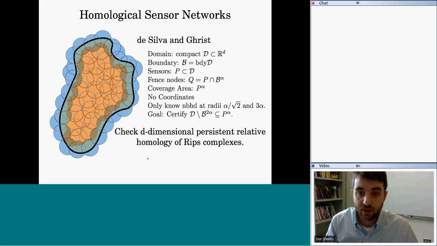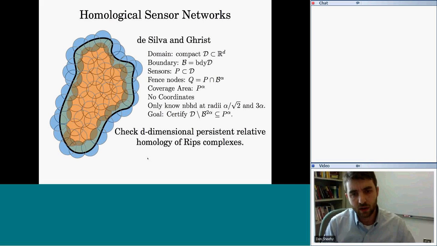Now I'm going to use this notation throughout. This superscript alpha on a set is going to be the offset of that set, so it's the union of balls of radius alpha over all points in that set. So the coverage area P^alpha is just a union of alpha-radius balls set at the points of P.